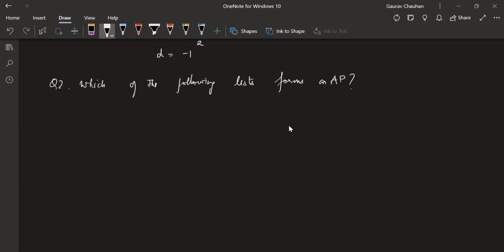If they form an AP, then find, then write the next two terms.